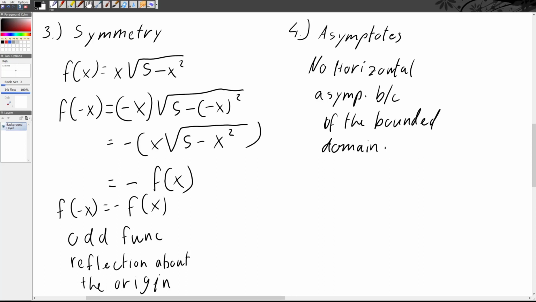And also there are no vertical asymptotes as well, because inside the domain, this is a continuous function.